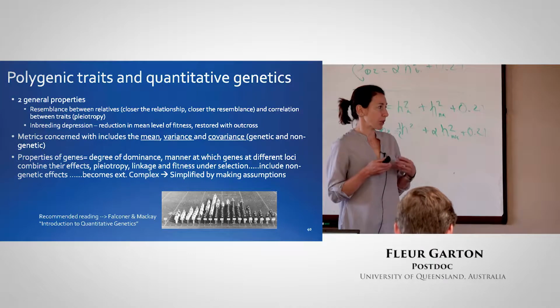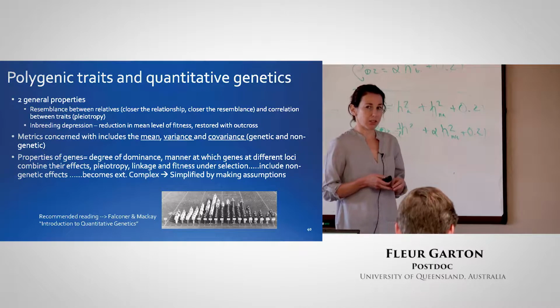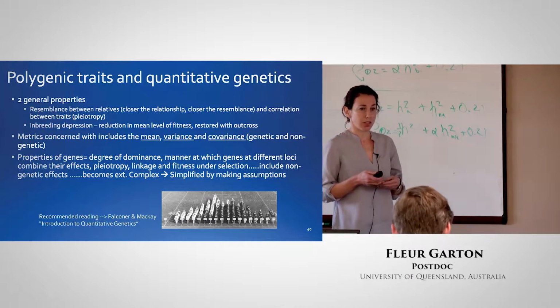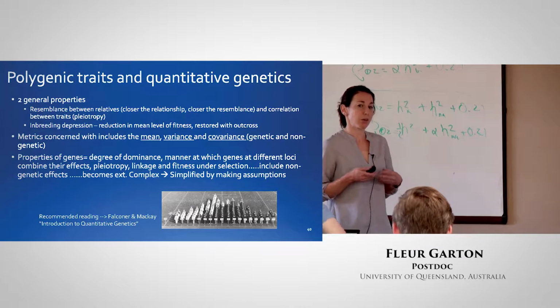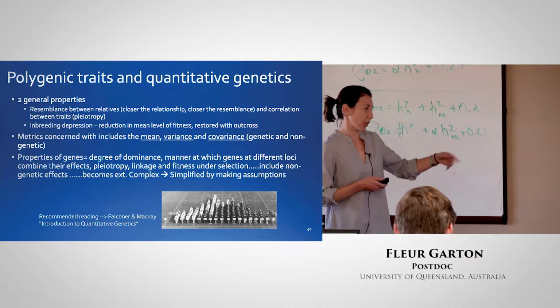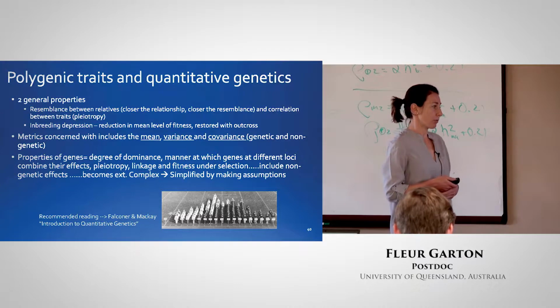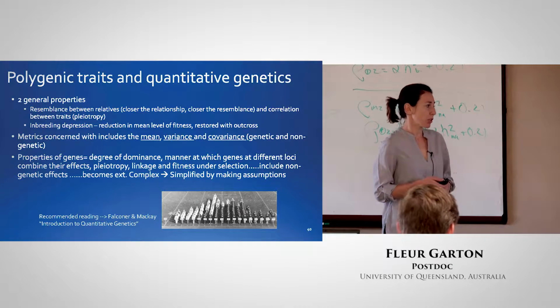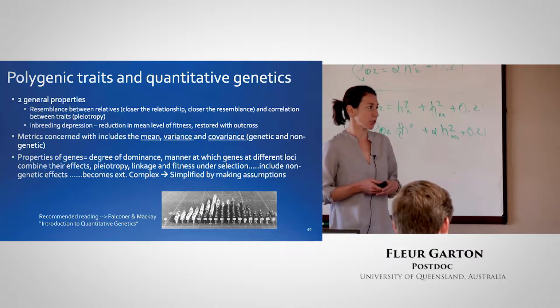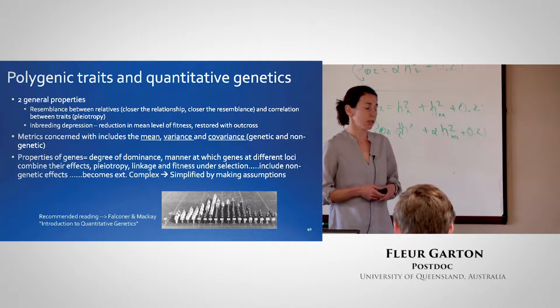When you start to include non-genetic effects, obviously this becomes extremely complex, and as you're aware, these are simplified by making assumptions. I certainly recommend that you read Falconer and Mackay, Introduction to Quantitative Genetics, which goes into this in a lot of detail.